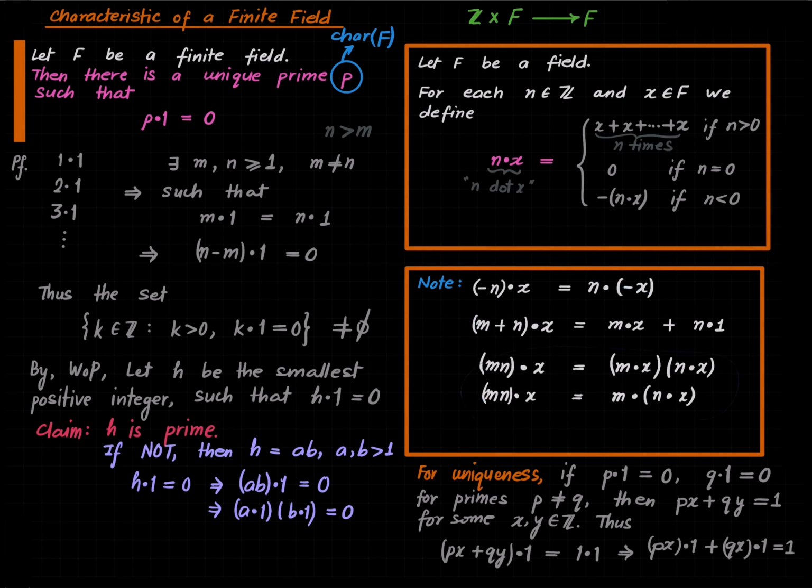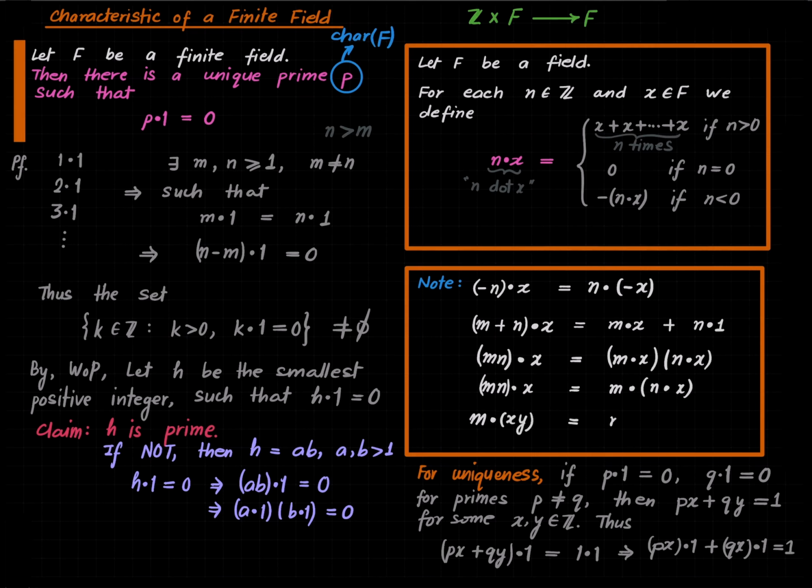What is the exercise? We just need to show that for any two field elements x and y, the following is true. x and y are field elements, so this product is happening in the field. And this is the scaling by n. Let me write n instead of m, doesn't matter.